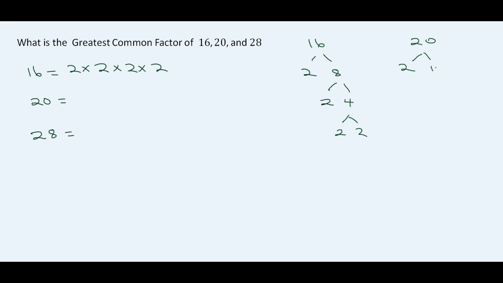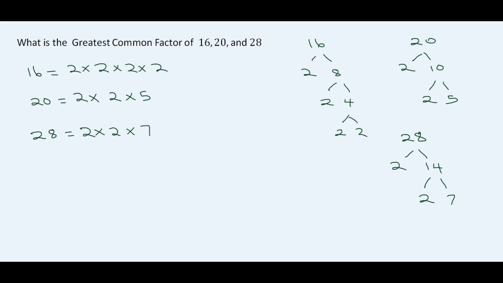We have 2 multiplied by 10, and then 10 is 2 multiplied by 5. So we have 2 multiplied by 2 multiplied by 5. And then 28, we have 2 multiplied by 14, and then 14 is 2 multiplied by 7. 28 is 2 multiplied by 2 multiplied by 7.